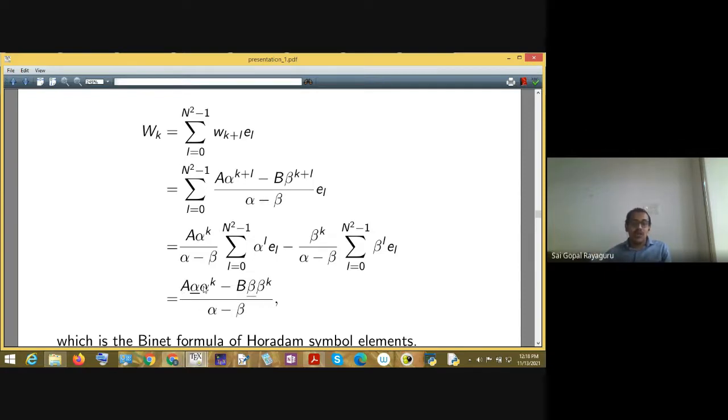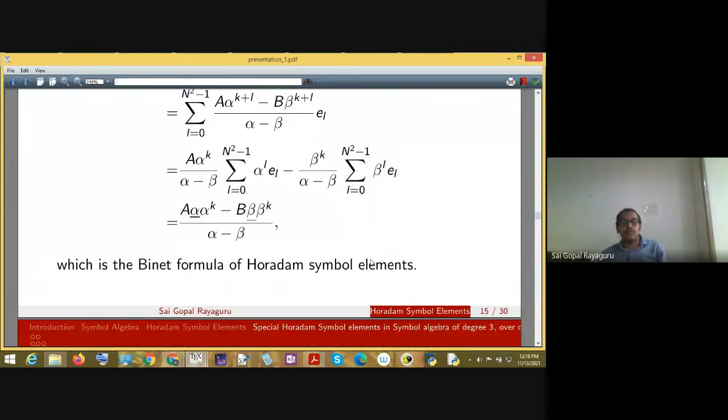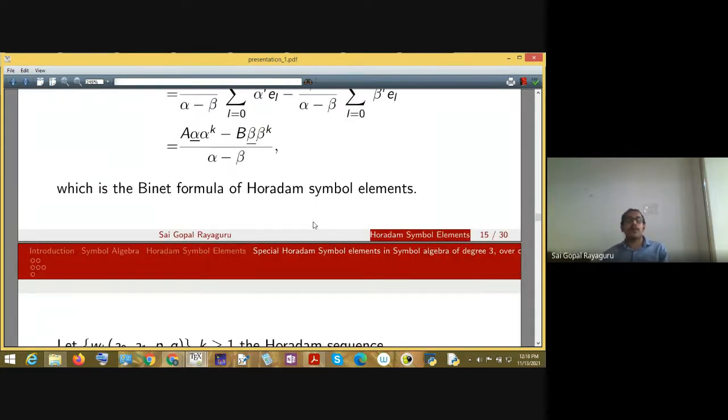But here we have alpha underscore and beta underscore, which again represent this summation with the lth element of the ordered pair. So this is something we can call a Binet-like formula, or a closed form expression, resembling, or rather similar to, the Binet formula for Horadam numbers.